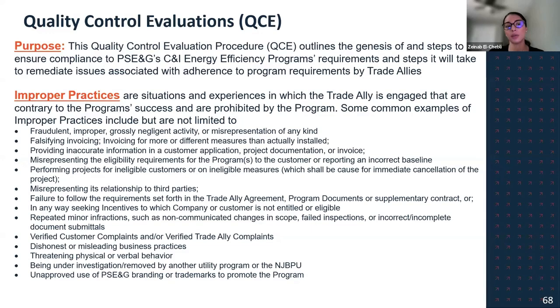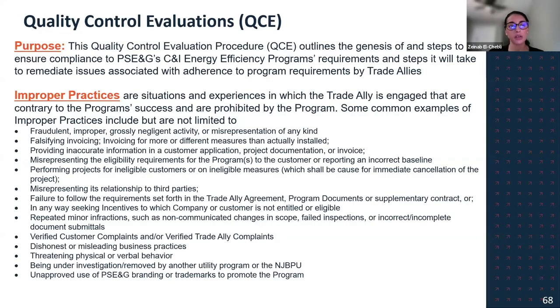Any fraudulent or improper practices, any neglectful activities or misrepresentation of any kind, any false invoices or invoicing of different measures than what have been installed, misrepresentation of any third parties or the program, failure to follow our trade ally participation agreements or program documentations and contracts. Also, any dishonest or misleading business practices.